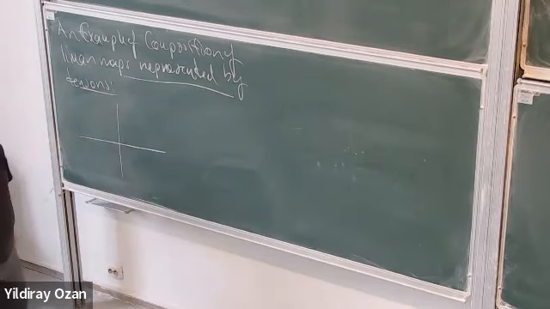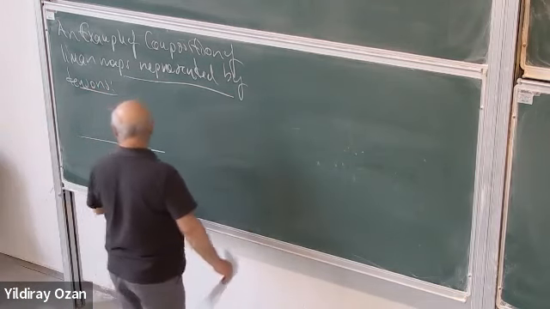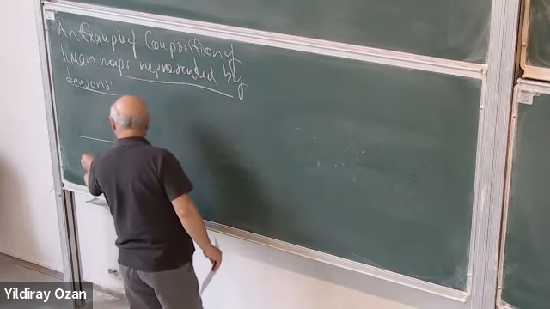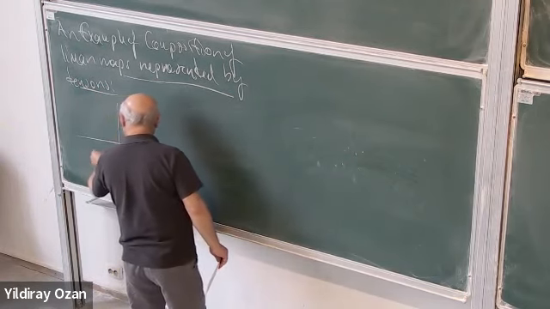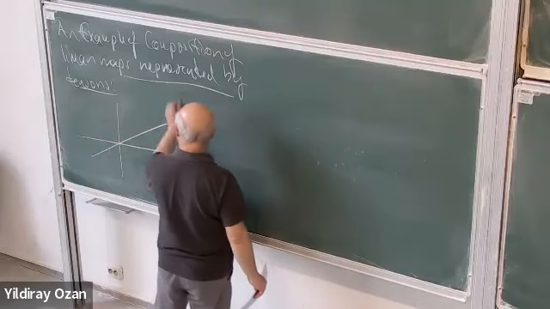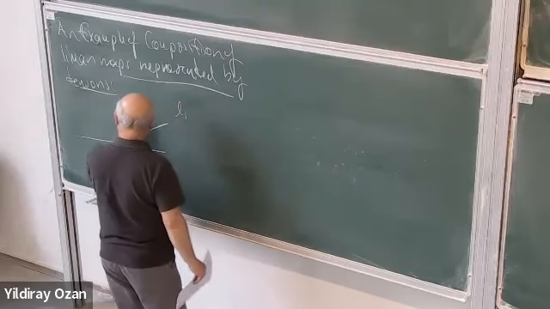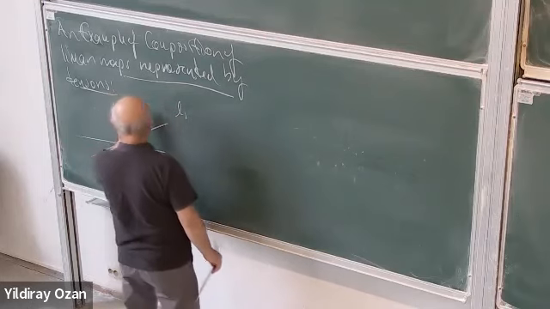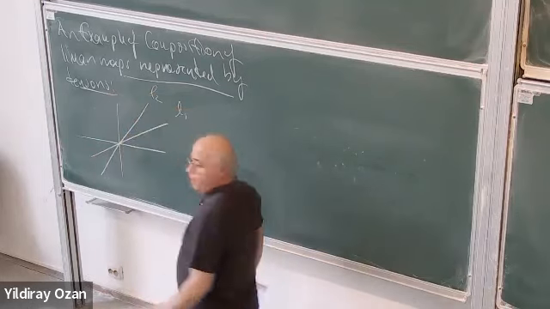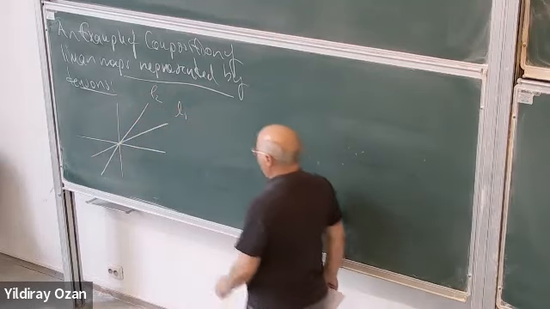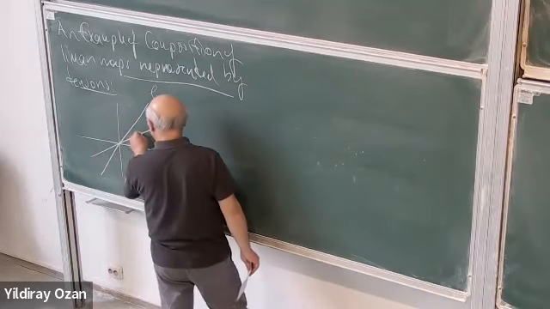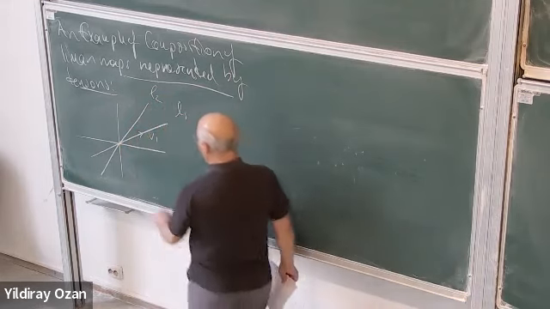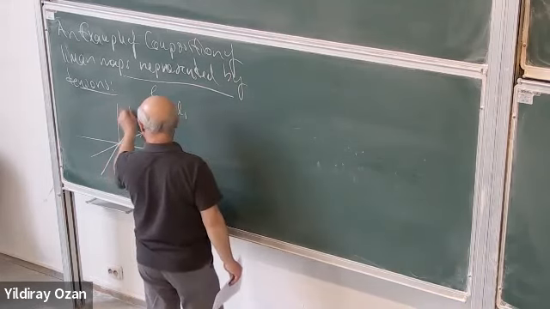Suppose this is our coordinate system R2, and we take reflections with respect to two lines, let's say L1 and L2. Let's choose a vector here, V1, and a vector here, V2.